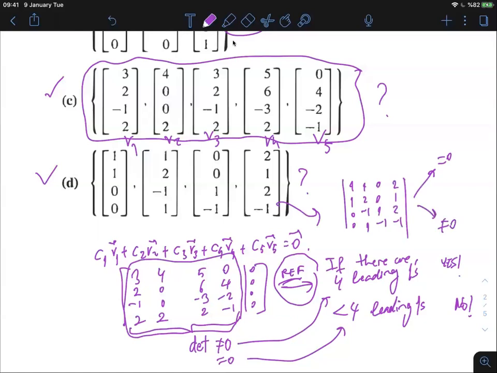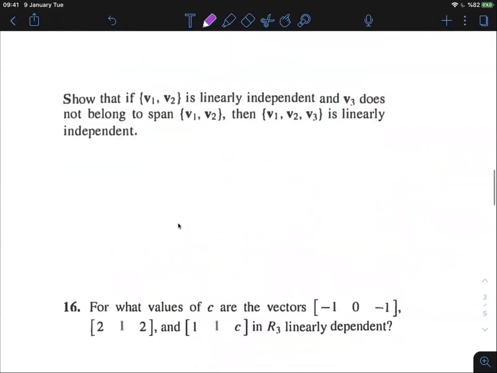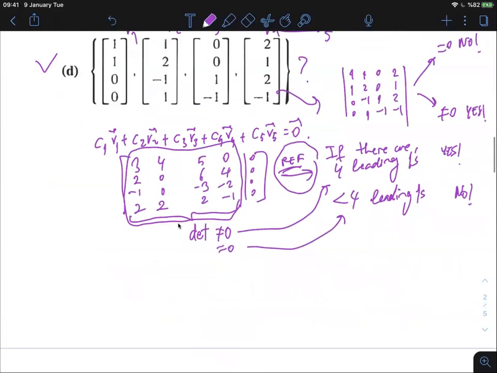If this is non-zero, the answer is yes, so these vectors are linearly independent. If not, the answer is no. That's it. Let me know if you have any questions here.